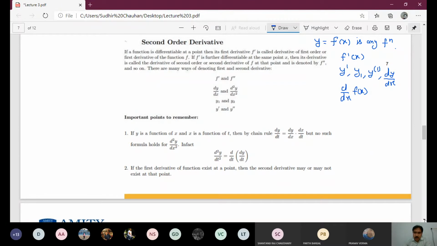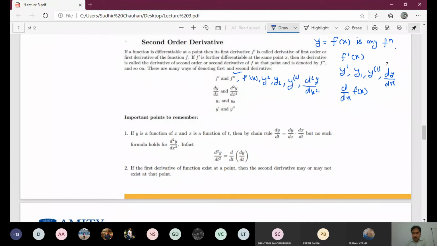Now if f dash is further differentiable at some point, then its derivative is called derivative of second order or second derivative of f at that point, and it is denoted by f double dash x, y double dash, or in some cases y2.